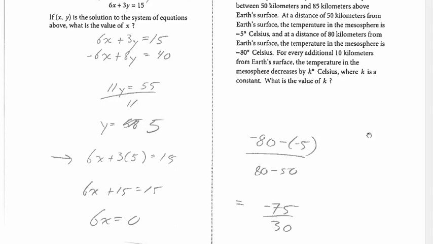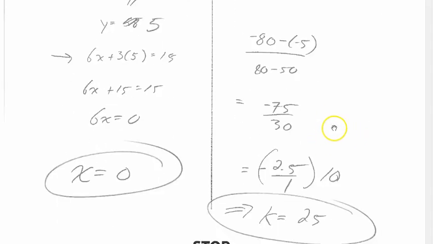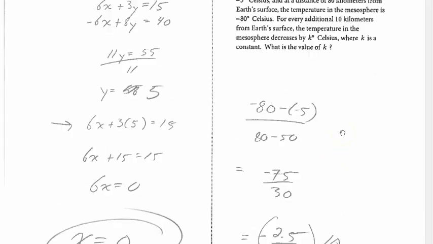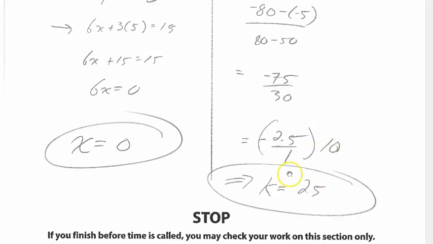They gave me a distance, and they told me the associated degrees Celsius. That gets me here, reducing. That gave me negative 2.5 over 1. And multiplying by that 10 we found up here, for that every additional 10, I find out that my k is 25.